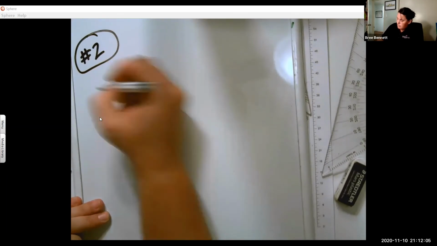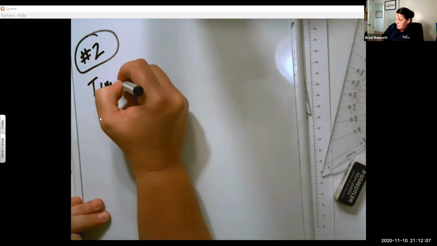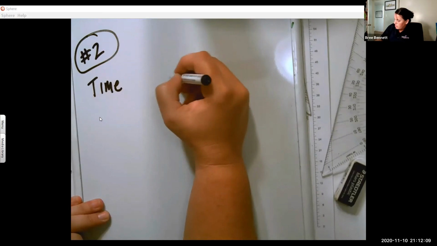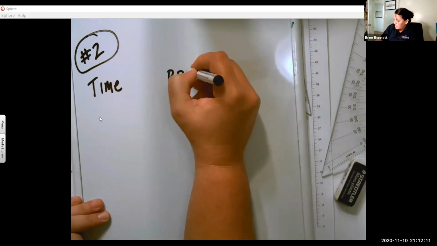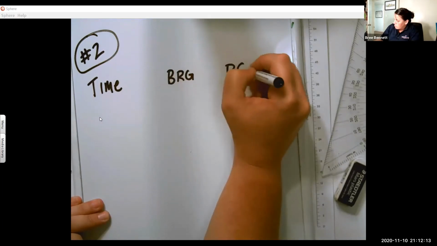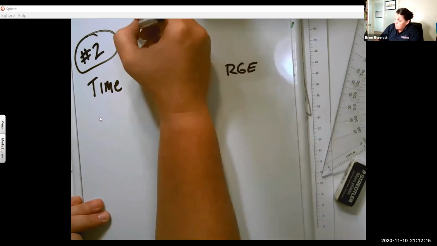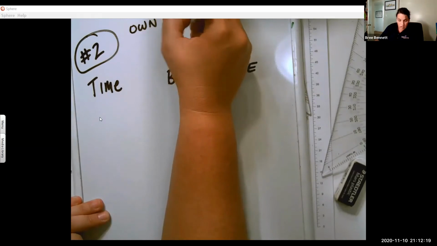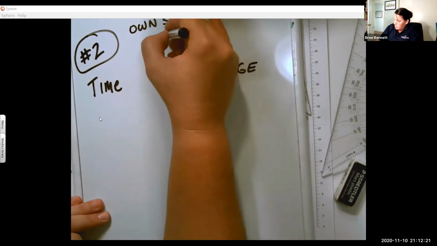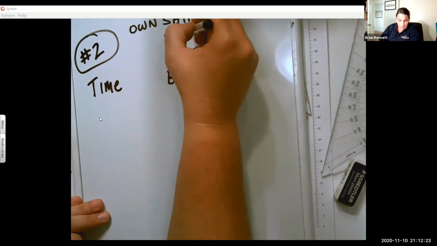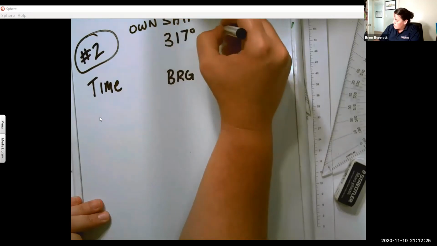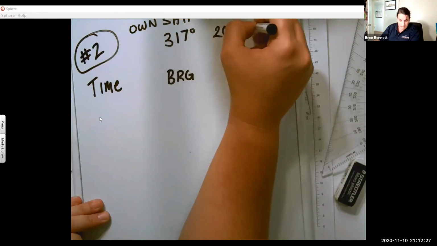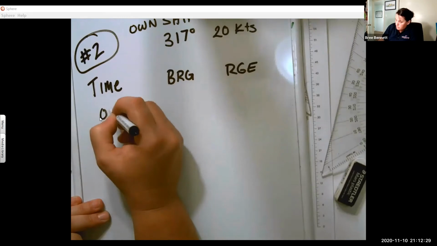So we have time, bearing, range. My own ship is 317 and 20 knots. Net 0.